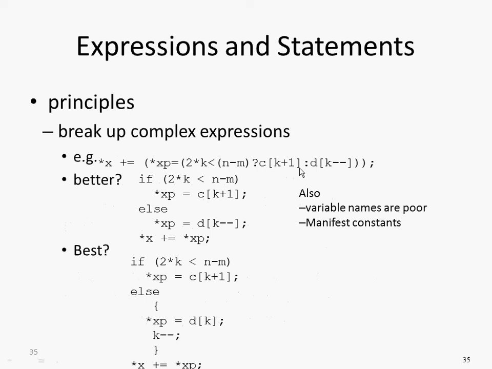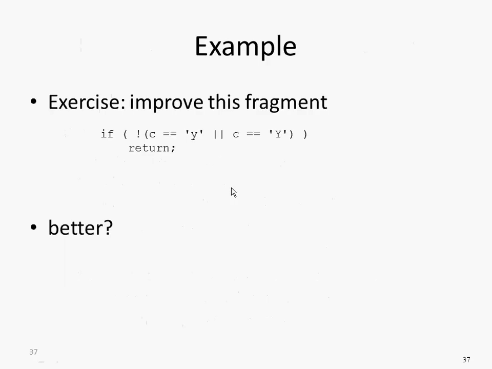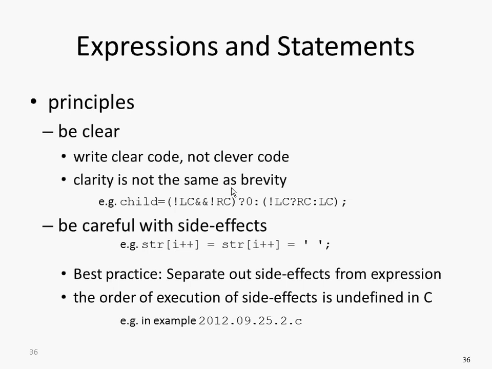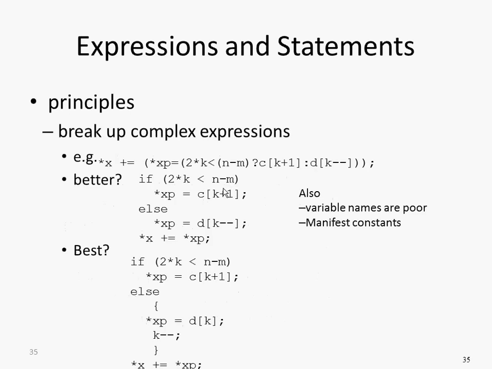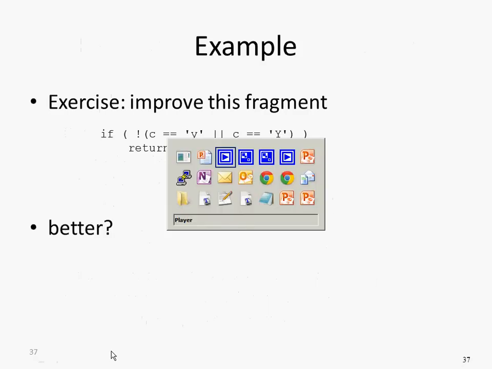Or if we had a manipulation in here involving XP, there'd be cases where it's not clear which is executed first. So you've got to be very careful with side effects and generally separate them out from expressions. This is highly actionable advice, especially for the first problem set.